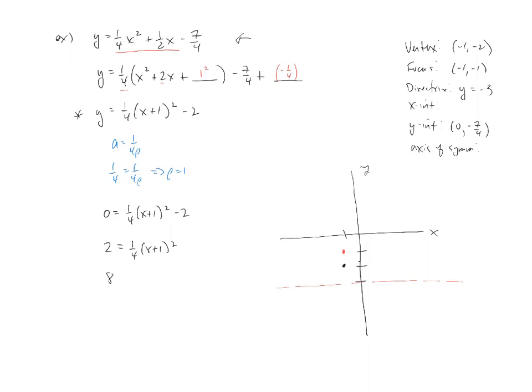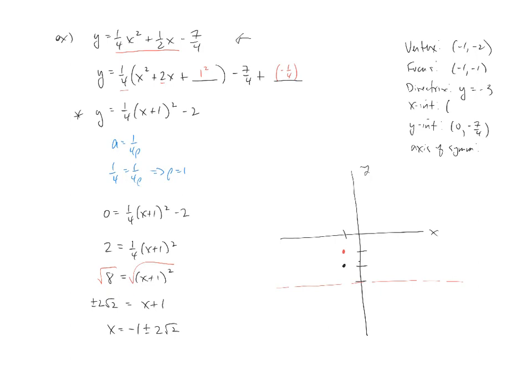Multiply by 4. And now I'm ready to square root both sides. So on the right we have this x + 1, and on the left we have plus or minus 2√2. So x looks like it equals -1 plus or minus 2√2.